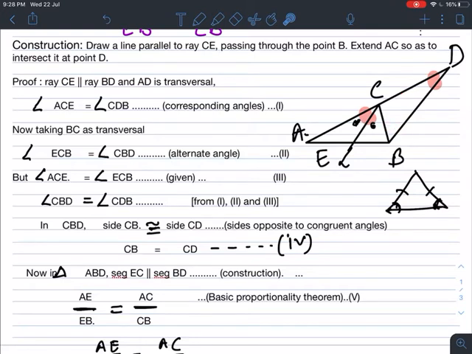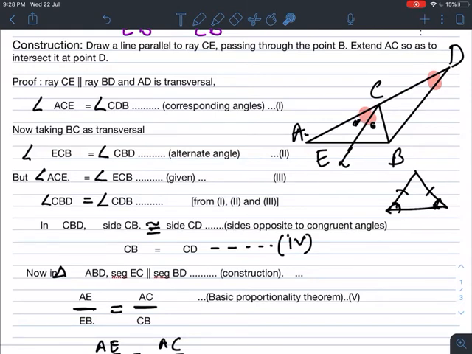Since CBD is equal to CDB, in triangle CBD the sides opposite to them are equal. So side CB is congruent to side CD. By showing these two angles congruent, we have proved it. Congruent segments are equal in length, therefore CB is equal to CD.